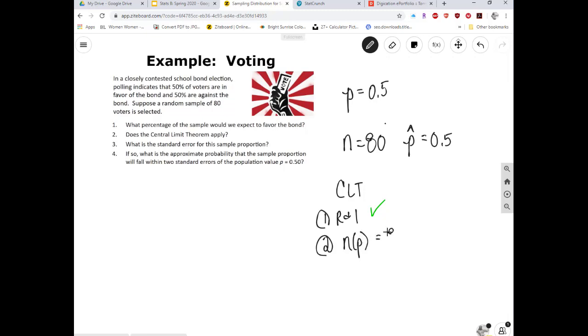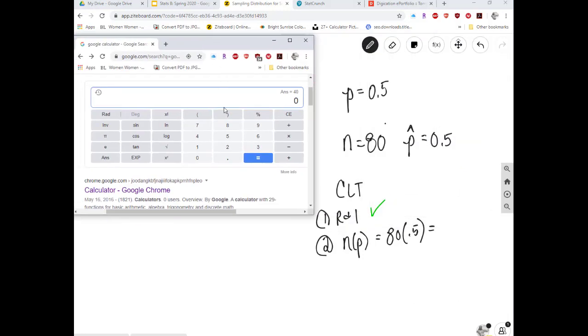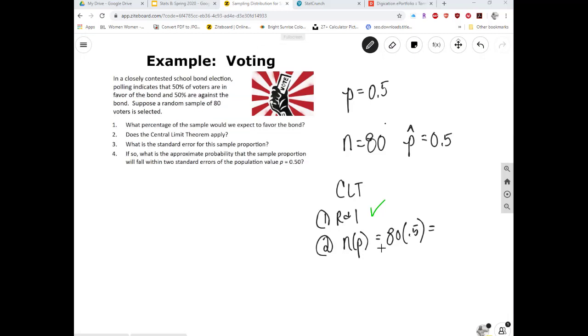My sample size is 80 and my expected proportion is 0.5. So 80 times 0.5 is 40. Is 40 greater than 10? Yep. So that checks out too.